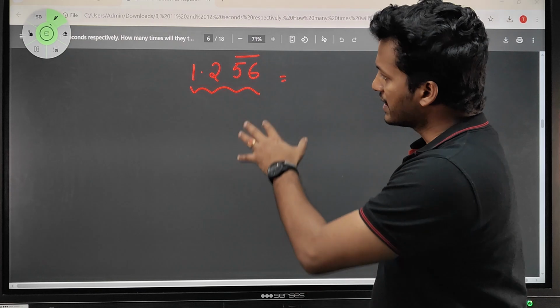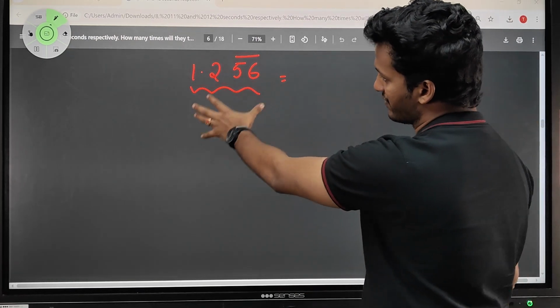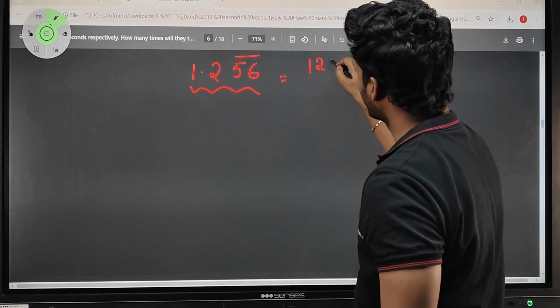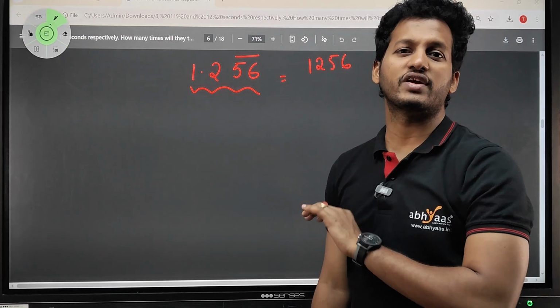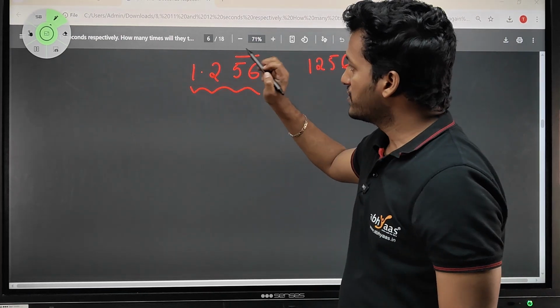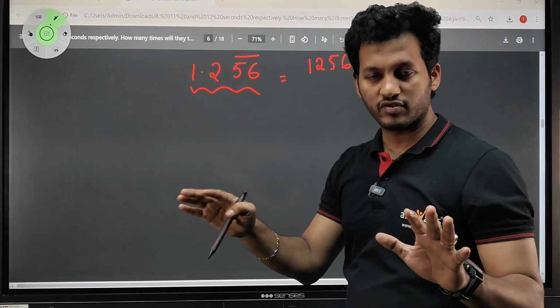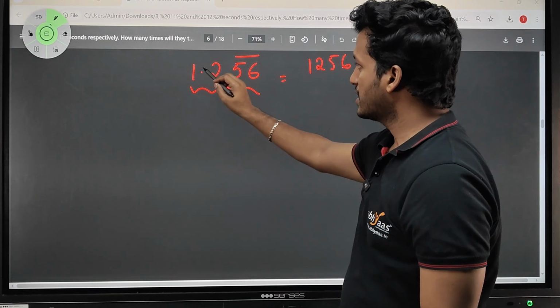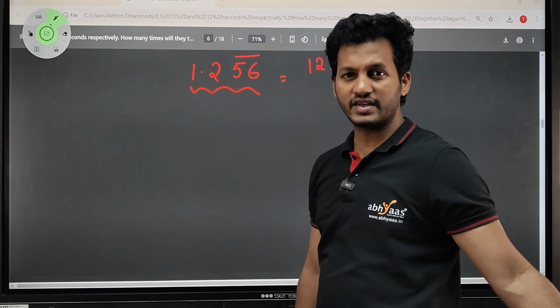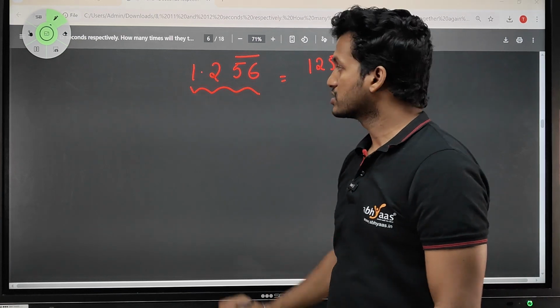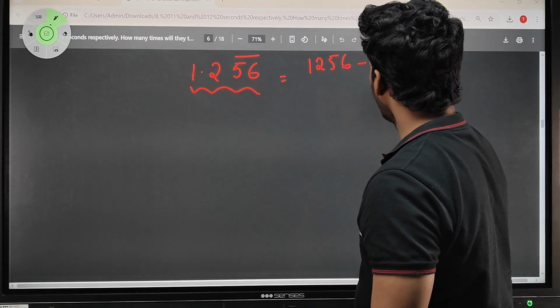First of all, write the given number as it is, 1256, without any decimal or bar. Which numbers are not repeating? 1 and 2, whether in decimal or not, they are not repeating.